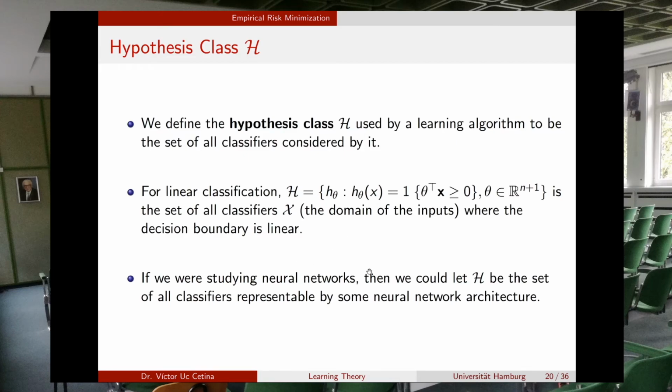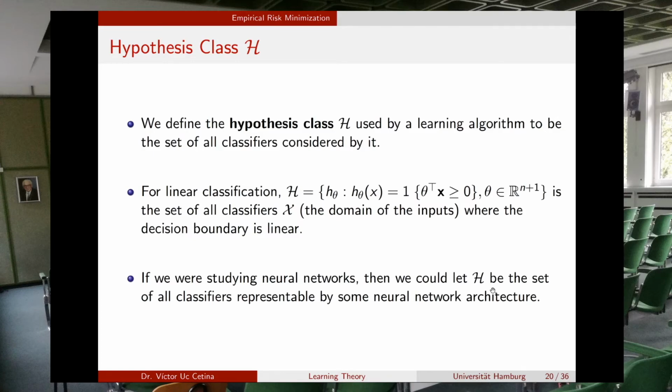If we were studying, for example, nonlinear models such as neural networks, then we could let this hypothesis class H be the set of all classifiers representable by some specific neural network architecture.